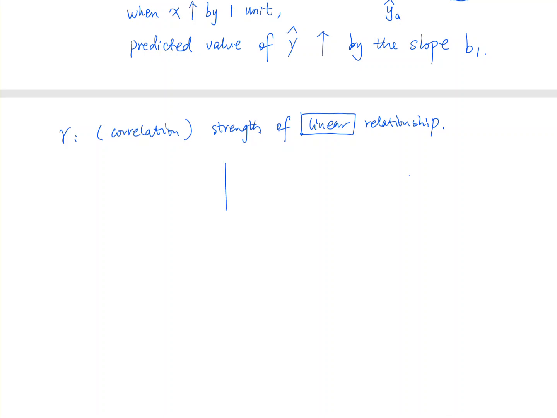So for example, if I have the points like this, right? So actually it is clear to see that these points follow a pattern, right? It is a curved pattern. So is there a strong relationship between x and y?